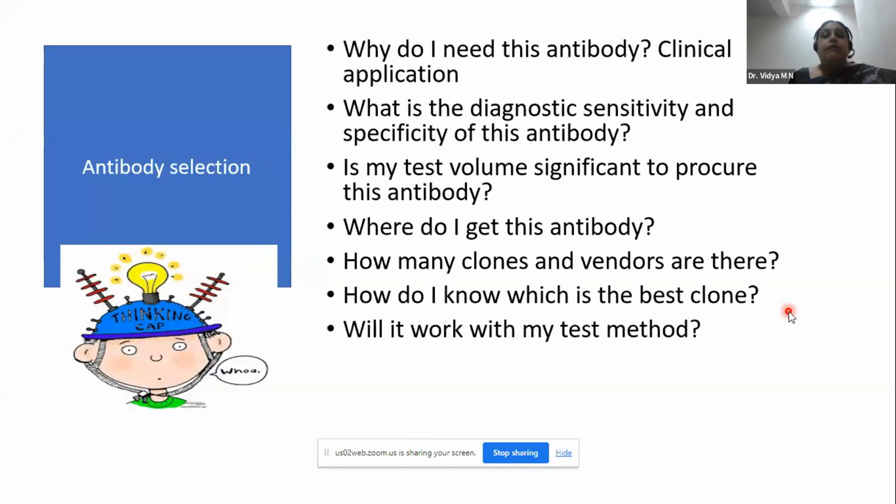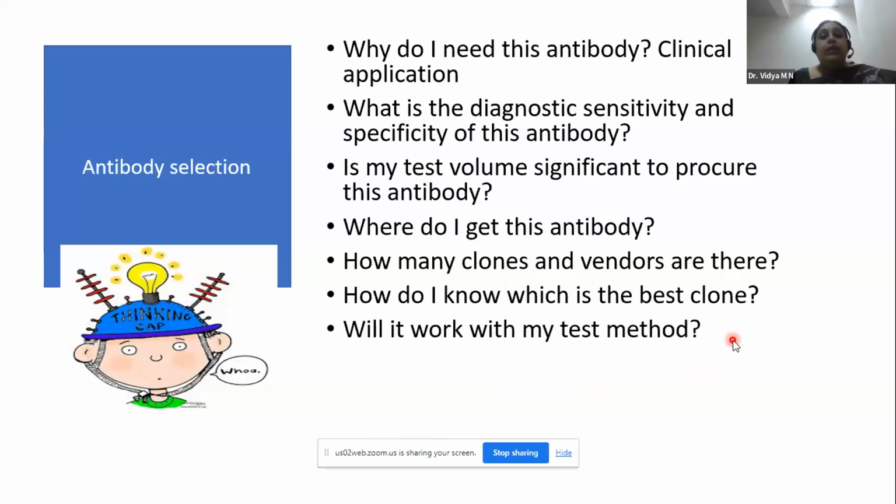Otherwise, you're going to be in a lot of trouble, especially so for your screening panel itself. Will it work with my test method? This is something that you need to understand. Few antibodies work well on manual IHCs, few on the automated platforms. I wouldn't say that there is any lab which cannot have a backup of manual, because when you have a large panel of antibodies, we work with both automated and manual systems, automated or semi-automated and manual methods.